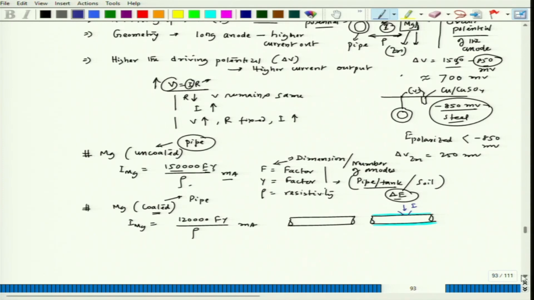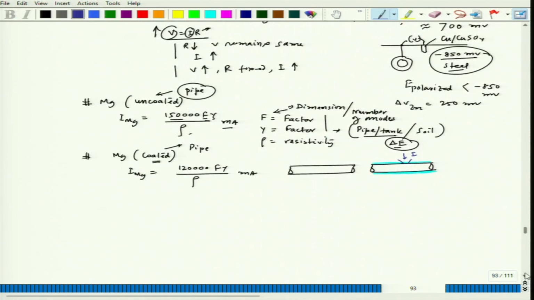Some data set, if we talk about. So, let us say the problem statement says we want to calculate the current output for a 17-pound packaged magnesium anode.